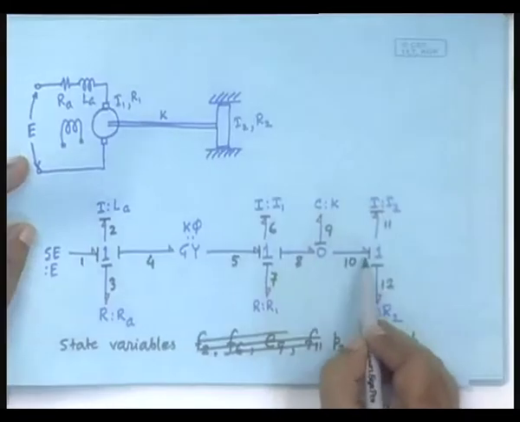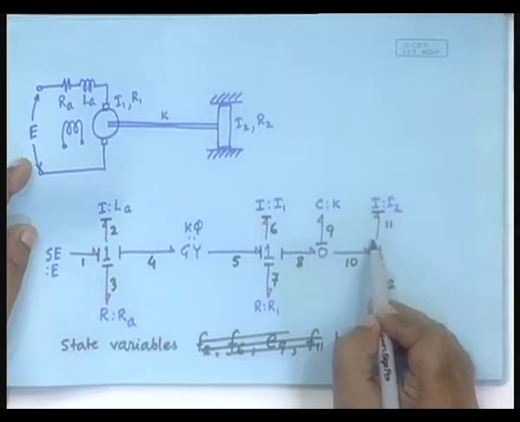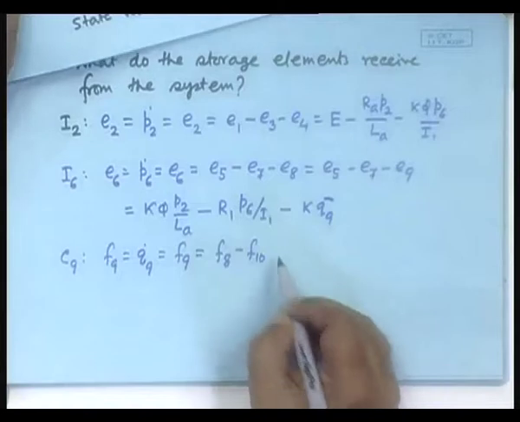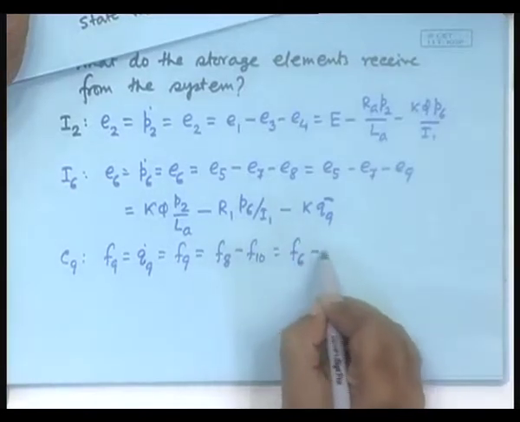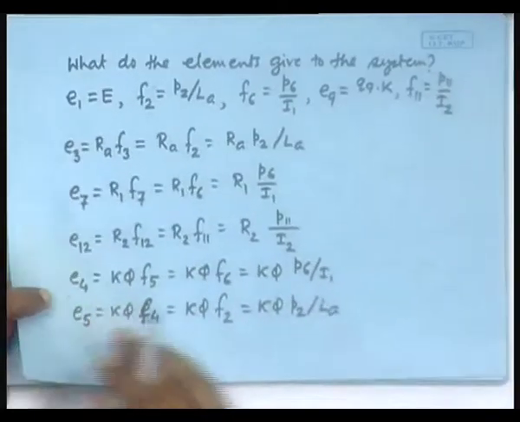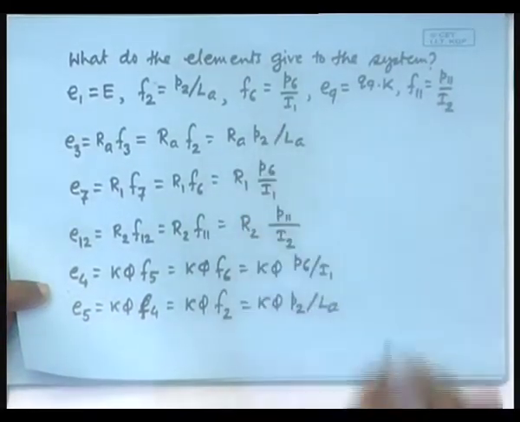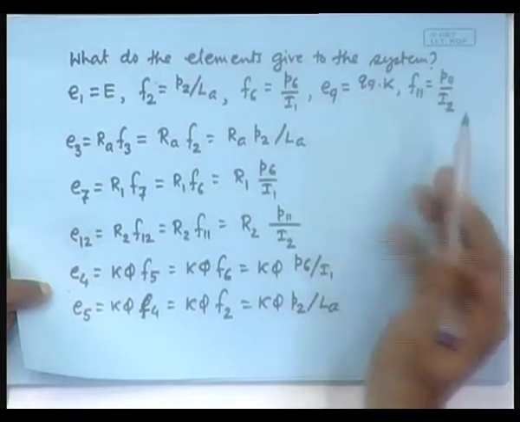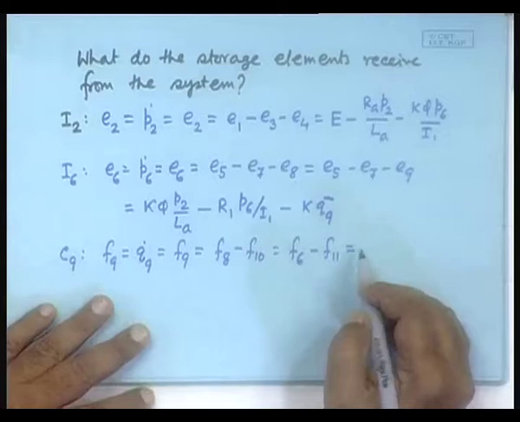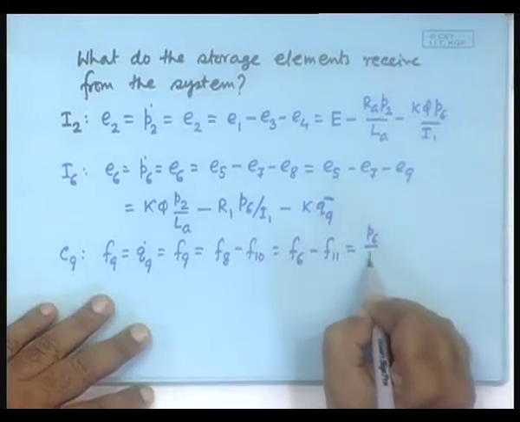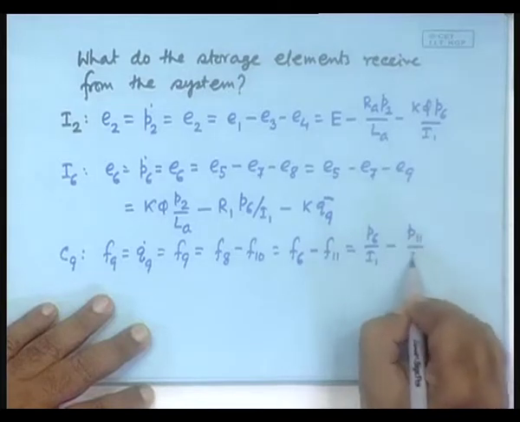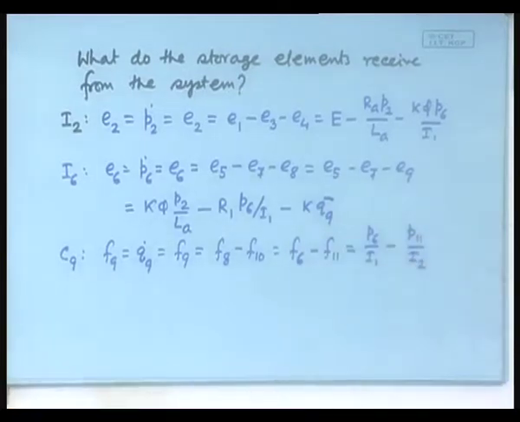F 10 is actually coming from F 11 and F 8 is actually coming from F 6. So, F 6 minus F 11, and both these are available. F 6 is here, F 11 is here, put it in, is equal to P 6 by I 1 minus P 11 by I 2. Done.